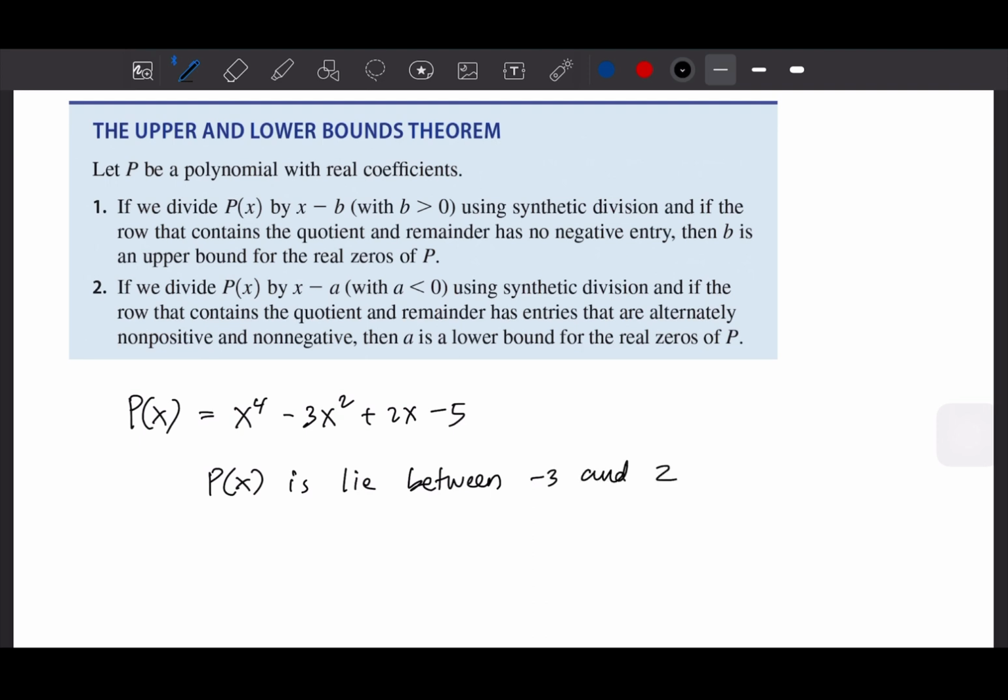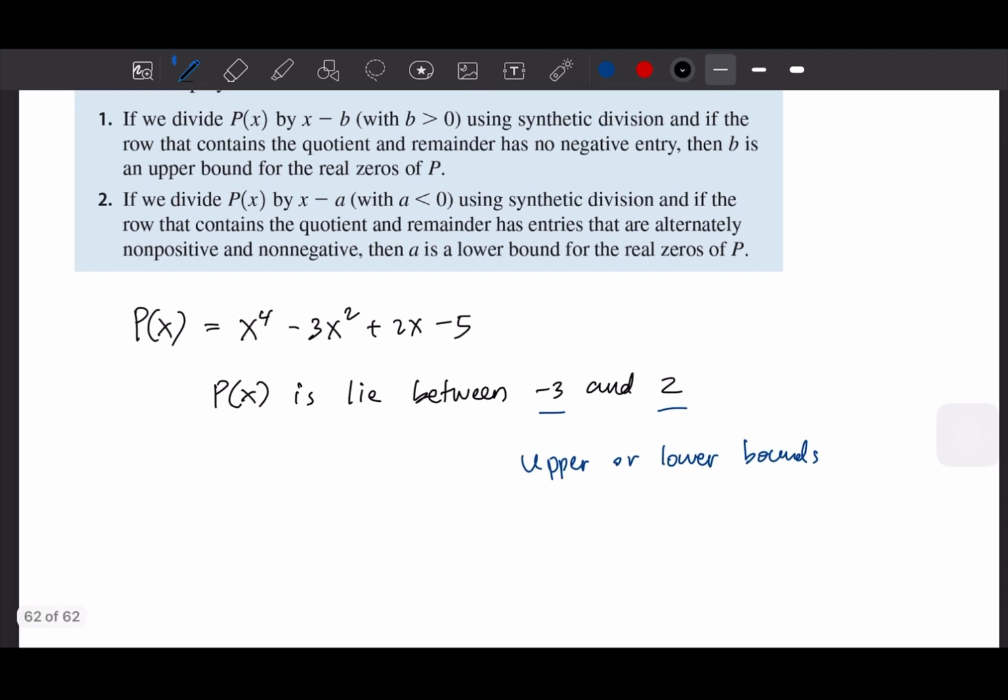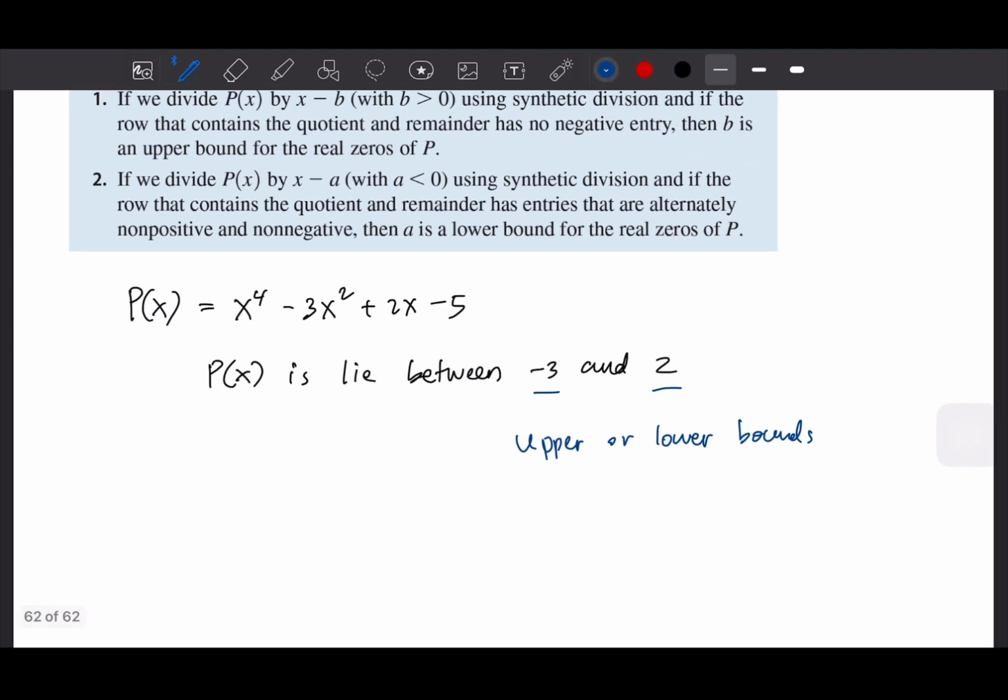And we would like to know whether -3 is an upper or lower bound, meaning the limit set for the polynomial. Is -3 on the top or below, or is 2 on the top or below, upper or lower? Okay, so we are going to use synthetic division. So let's divide p(x) by x plus 3 or p(x) by x minus 2.